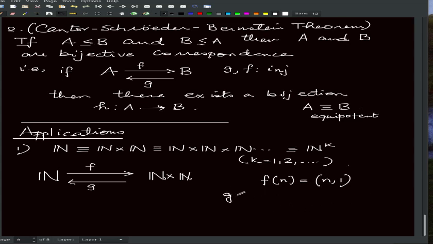What about the other side? You take g(m,n) to be 2 to the power m times 3 to the power n. And obviously, from the prime factorization that we know, this immediately says that g is injective. So Schroeder-Bernstein says they are equipotent. Done.